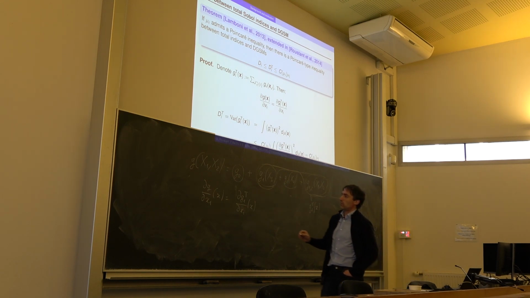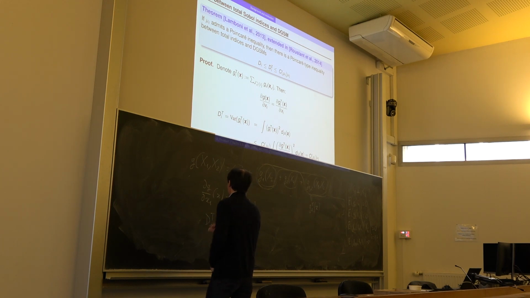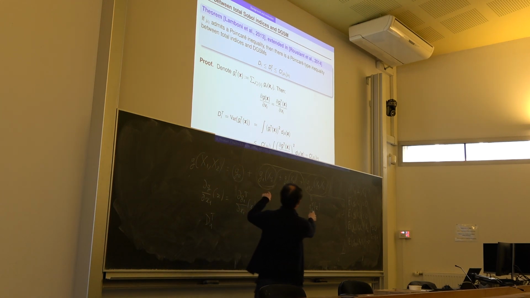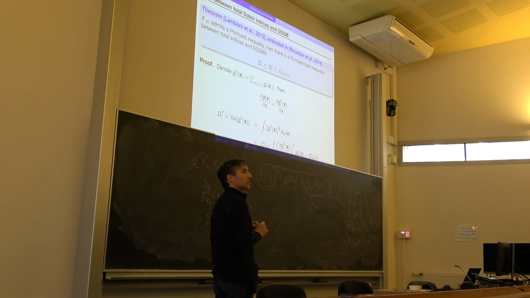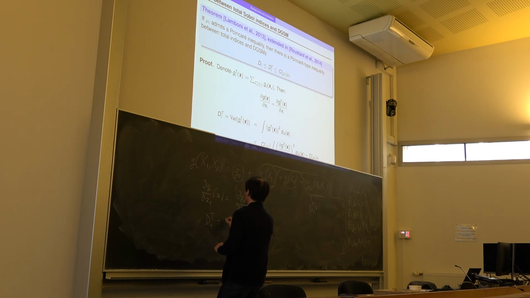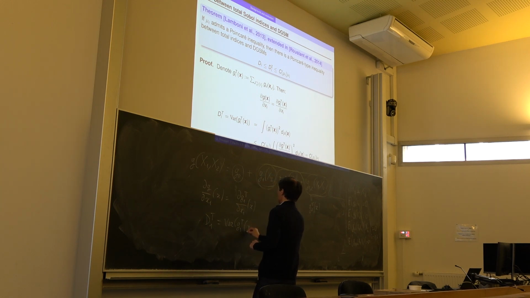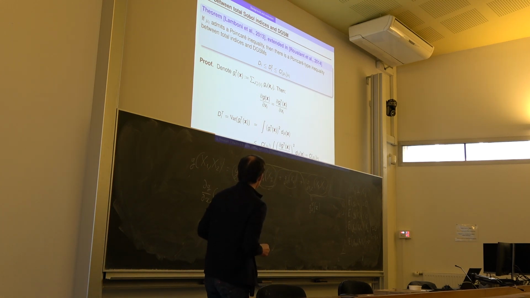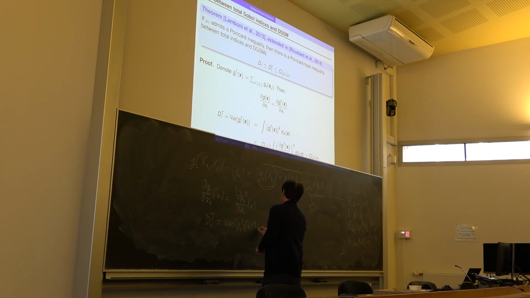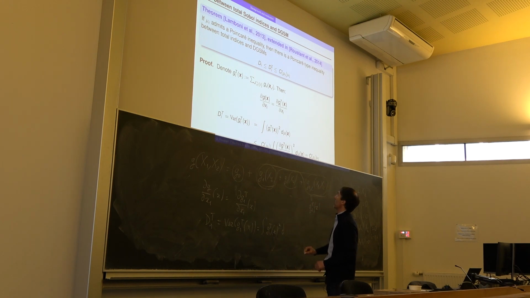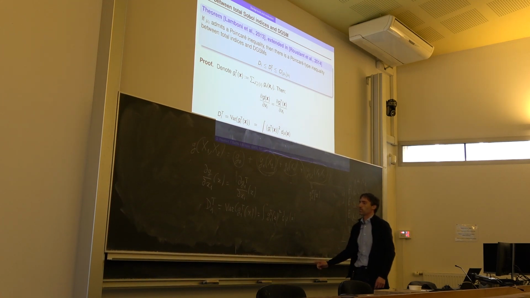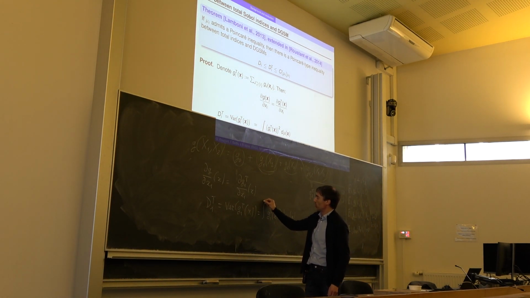Then the partial variance is the variance of this function, so the total partial variance. And as it is centered, you get that it is the integral of the square. So actually it's a two-dimensional integral here.